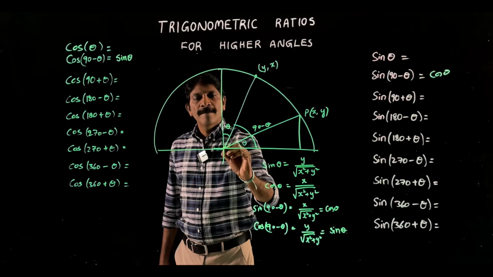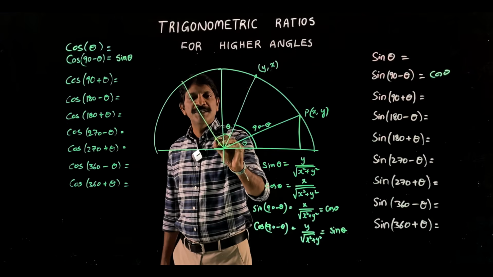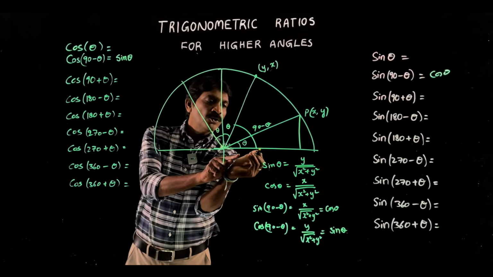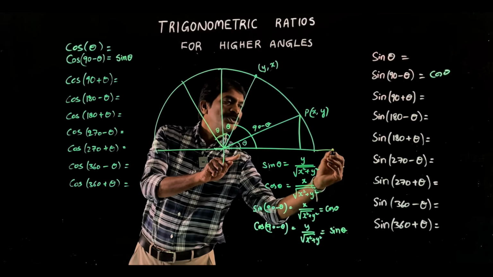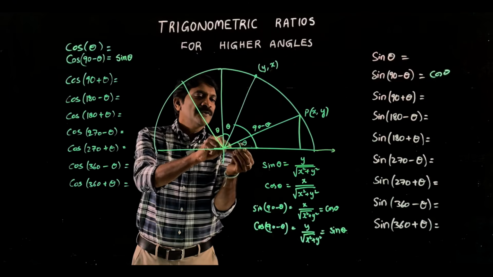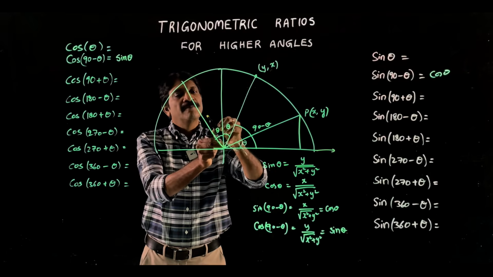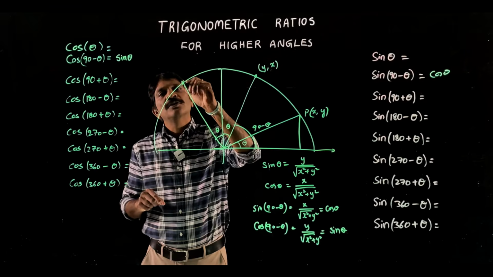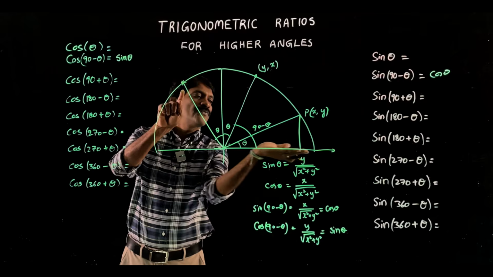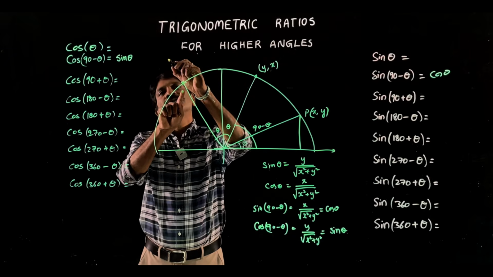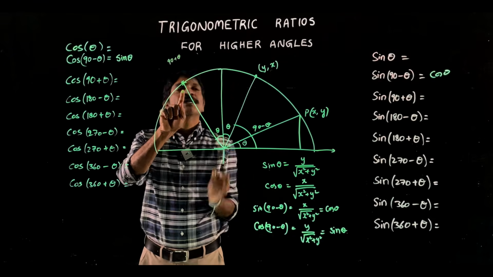This angle, if I take the same angle theta here, we always have to count from the initial position. This is always the initial position. From here to here it is 90 plus theta. So the position of this point from the initial ray is 90 plus theta.